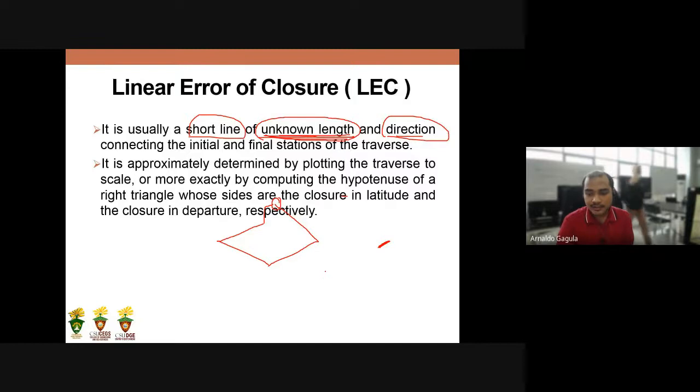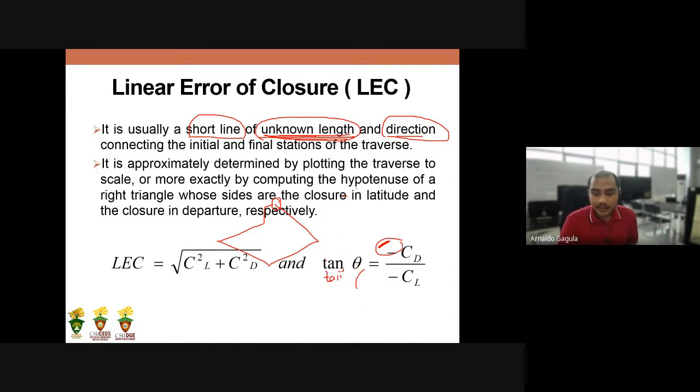And you get the angle using tangent inverse. So the linear error of closure equals the distance formula of the difference in latitude and departure, and you can calculate the angle of the LEC using tangent inverse of the difference in departure over the difference in latitude.